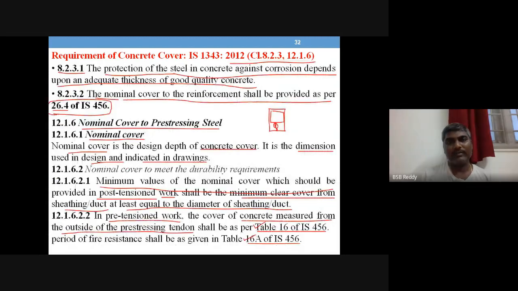Protecting steel depends on how good the quality of concrete is and how well it is covered, which means whether you are following the nominal cover requirements in both aspects, durability as well as fire resistance.